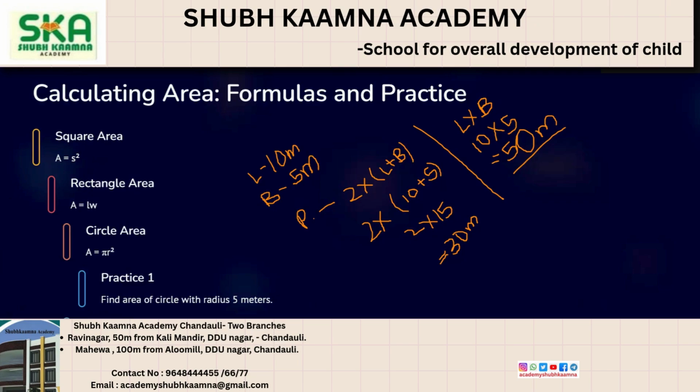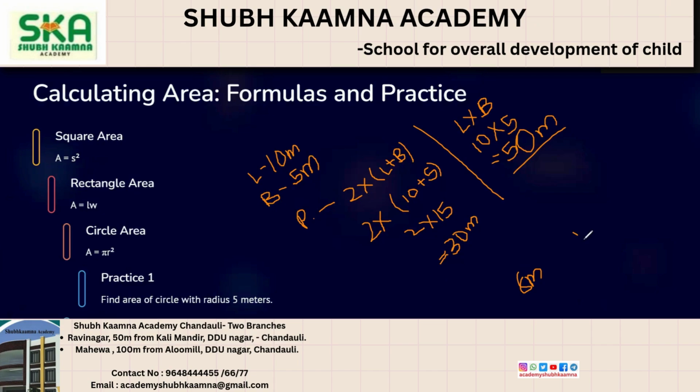Now let's take an example of square. So the perimeter of square, the formula would be 4 into side. So a square garden has each side of 8 meters. What's the perimeter and area?